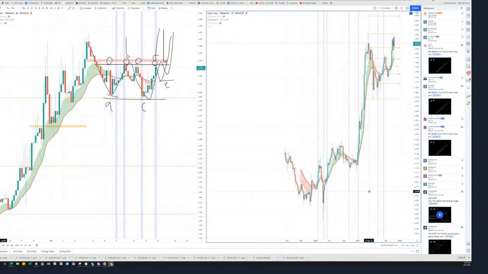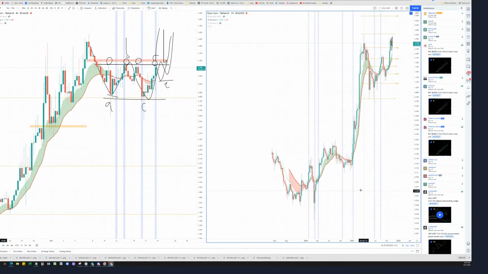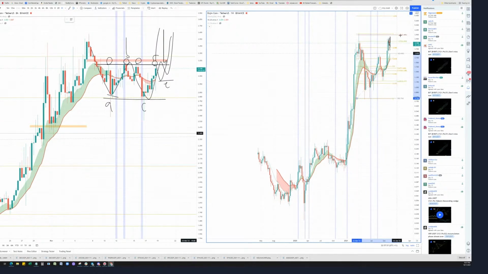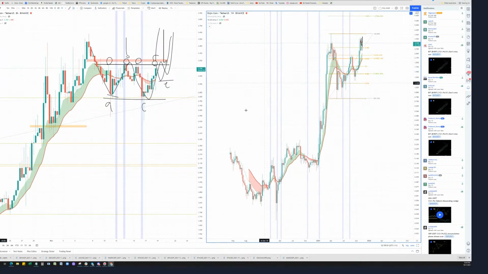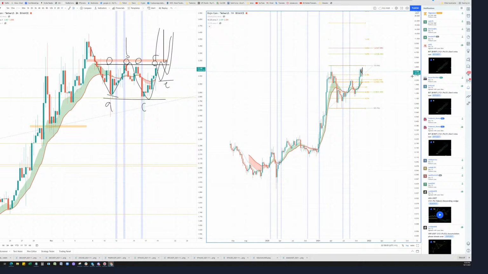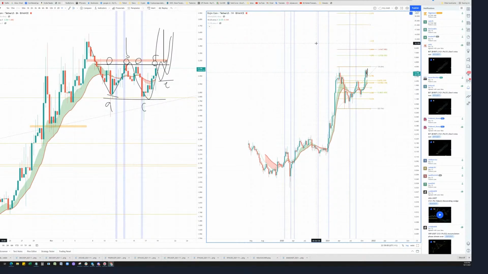Okay, if this is the oldest chart, it's got a long way to go, doesn't it? So what I'll do is, oh, we've already got it. We've done it before. If I'm not mistaken, this is a weekly chart on the right.